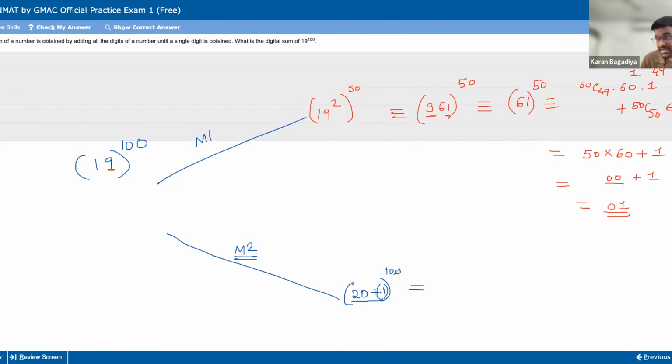So now I'm going to try and skip a few steps. Again, 101 terms, 99 won't matter. Then 100 choose 99, which is 100 into 20 into minus 1 raised to 99, right? Plus minus 1 raised to 100. Check.